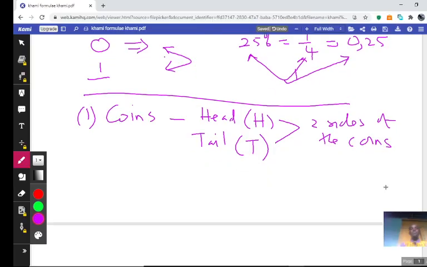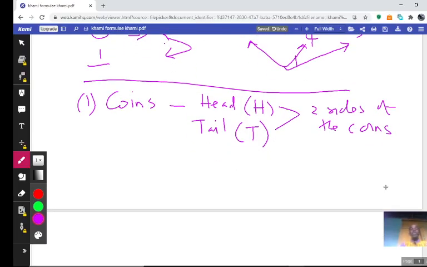Right, on these coins we have about 4 different scenarios. First, we have a coin tossed once. How many possible outcomes will there be if a coin is tossed once? But before that, let me give you the formula for calculating probability.